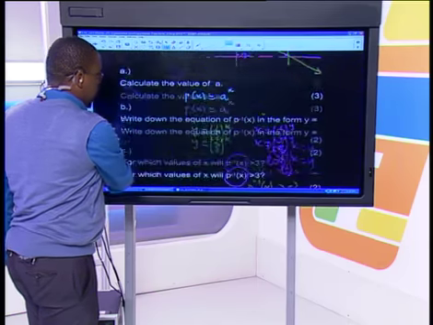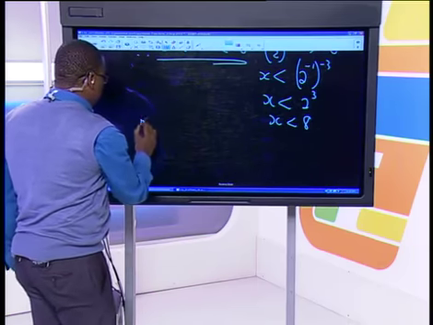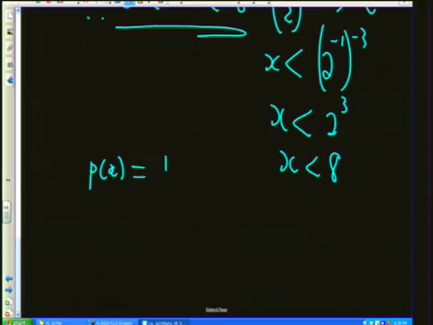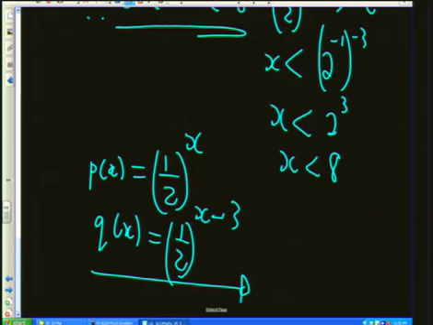P of x is (1/2) to the exponent x. Now we're shifting 3 units to the right. So your q of x will be (1/2), with x minus 3. And then you can leave it that way. So your q of x equals (1/2) to the exponent x minus 3.